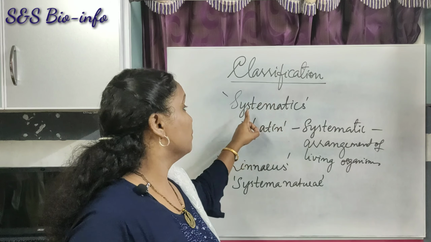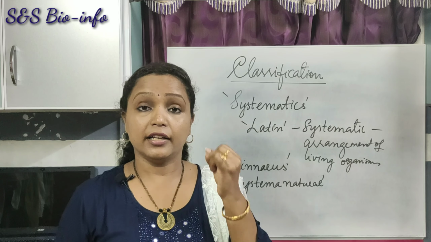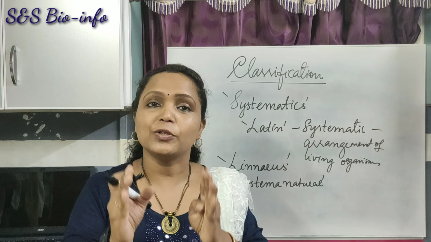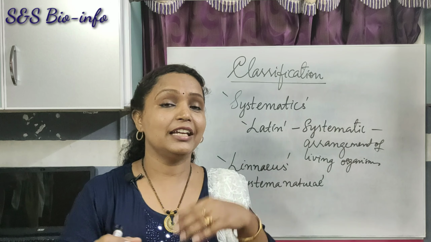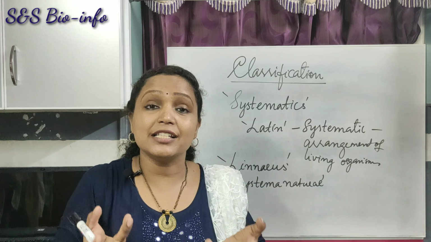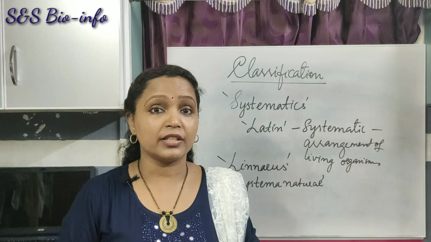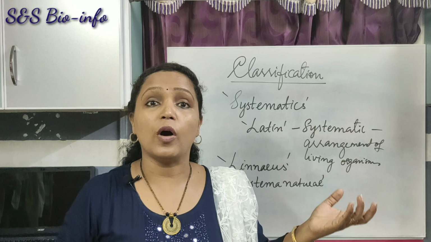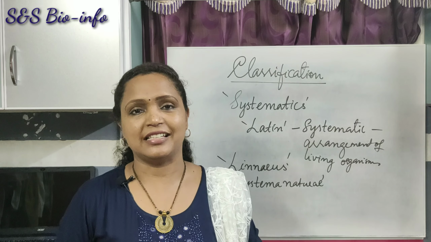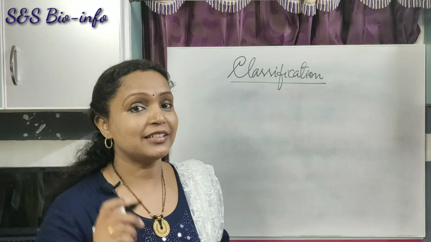Systematics is a branch of science which deals with not only identification, nomenclature and classification, but also the evolutionary relationship among the living organisms. It studies the relationship between the present organisms and the past. How are they evolved from the past organisms? That is systematics. Next, let's study about taxonomic categories.